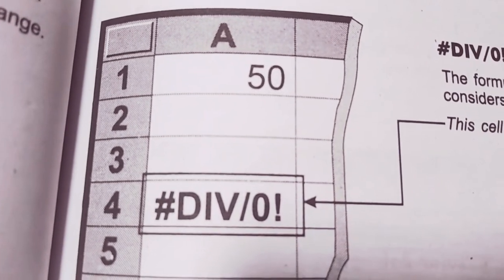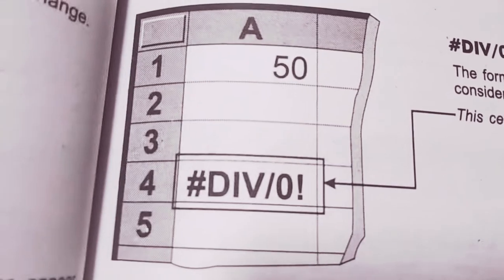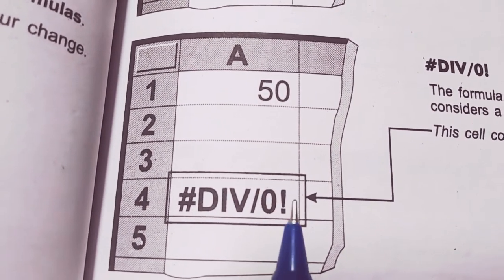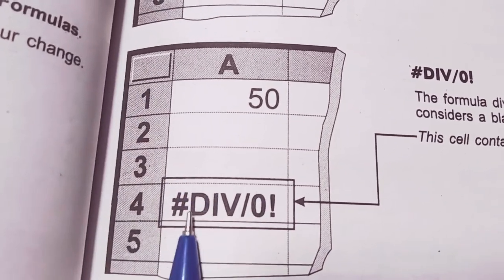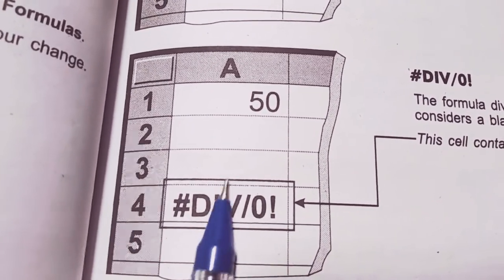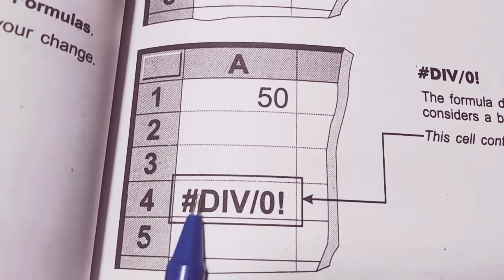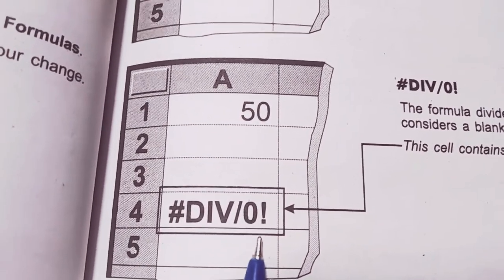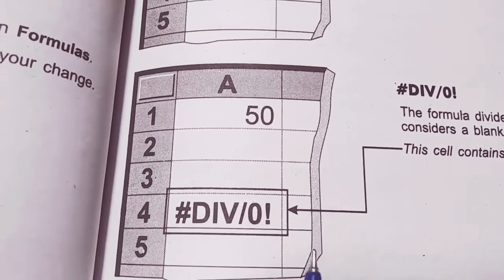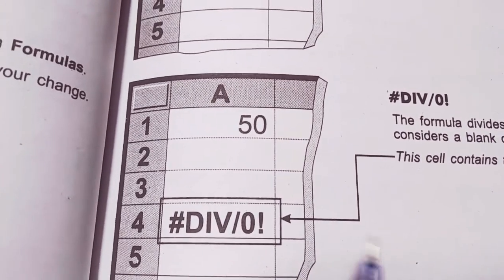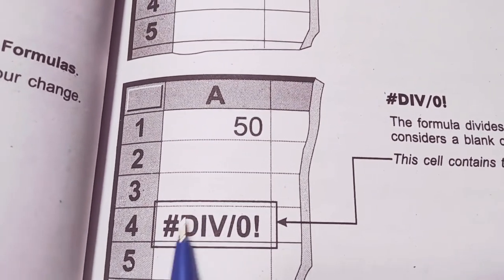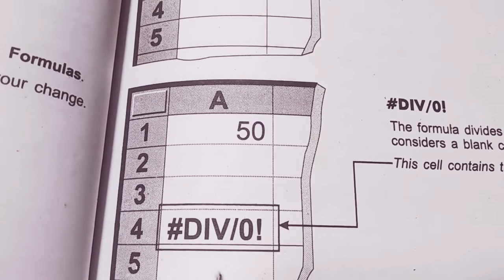The second thing is division. When we divide any value, this type of message will occur, like divide by 0, with an exclamation mark. Let's try to explain.